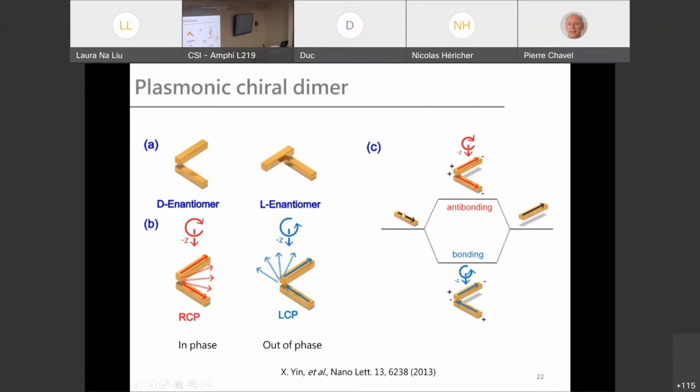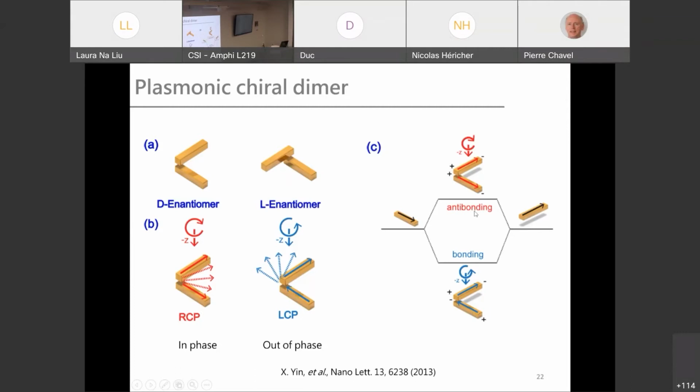I have these two gold nanorods, which are two individual dipoles. Then I put them together in close proximity. Then light interacts with such a plasmonic chiral system. I can excite the anti-bonding mode, meaning the two dipoles oscillate in phase. And I can also excite the bonding mode, meaning the two dipoles oscillate out of phase.